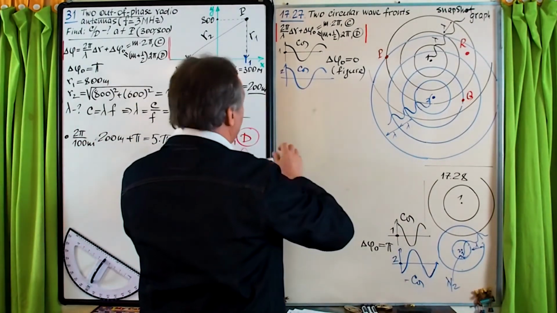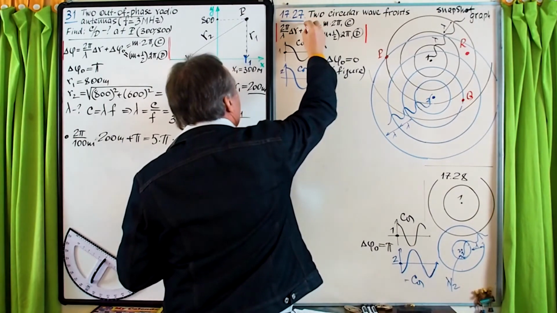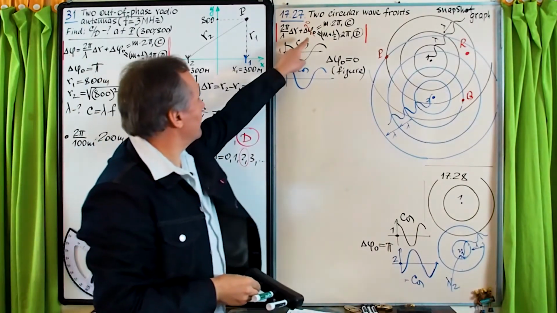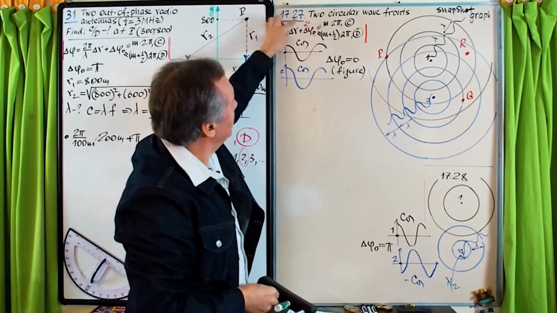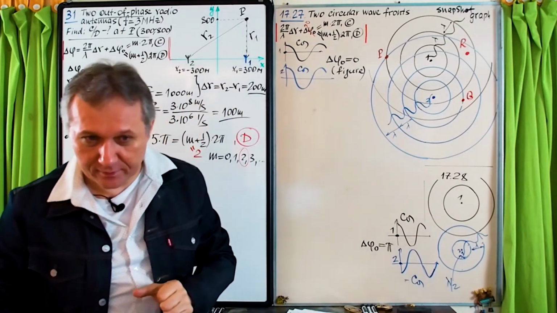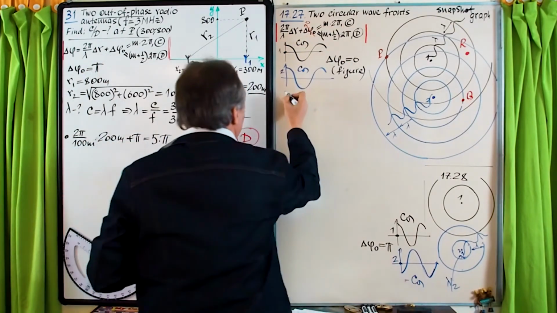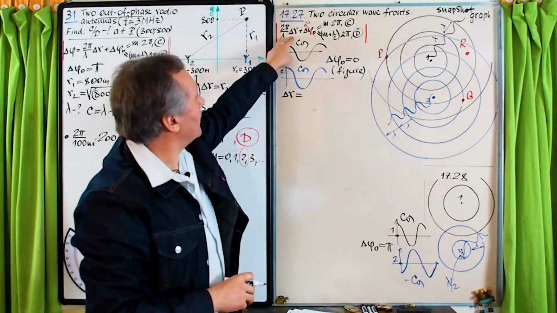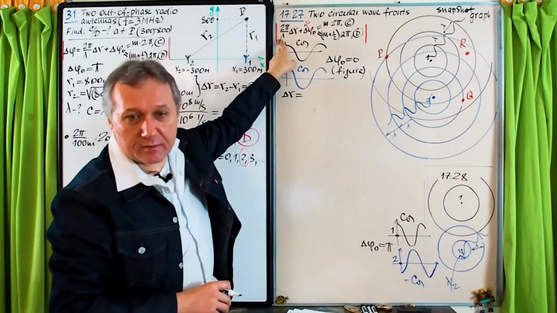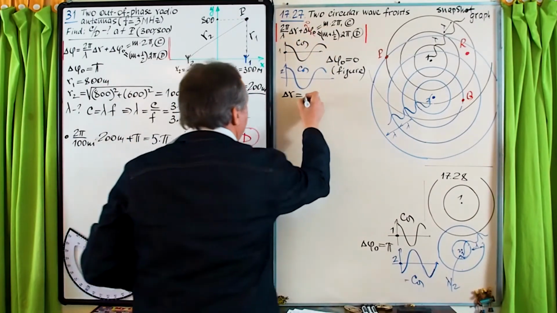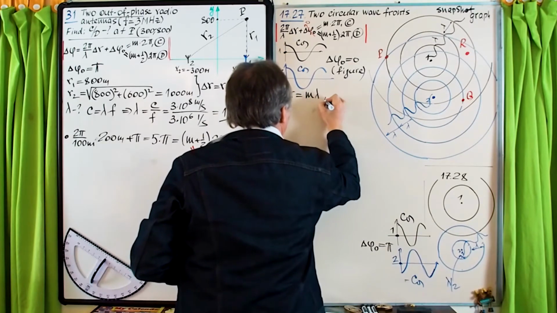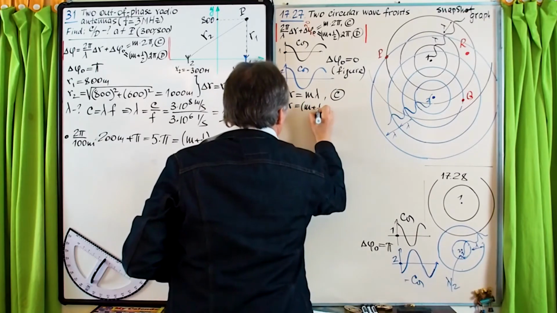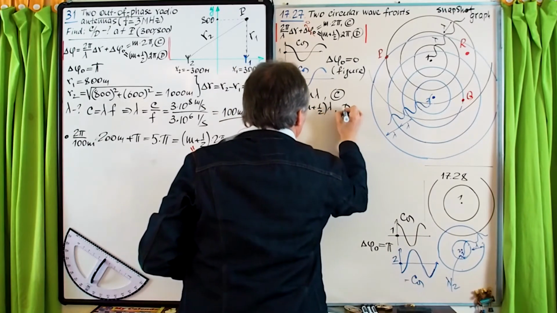In our case, delta phi naught equals 0, so we can dump this, right? And as a result, our condition can be simplified. If this is 0, then 2 pi here and 2 pi here can be canceled, and our condition will be easier. So delta r will be m times lambda for constructive interference, and delta r equals m plus 1 over 2 lambda for destructive interference.